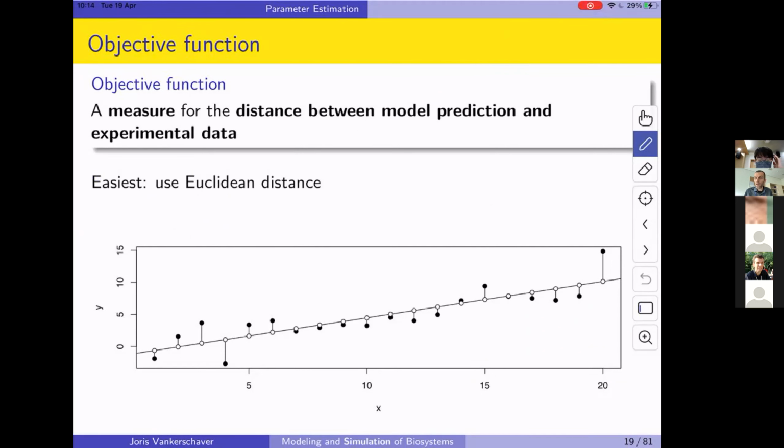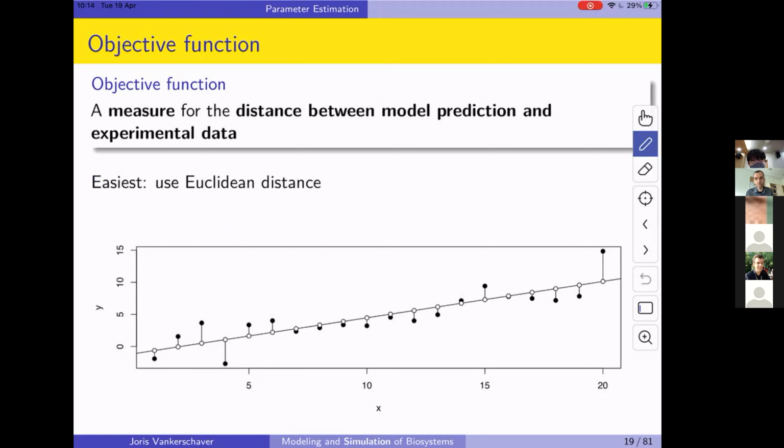So typically, you will either define this objective function yourself, or you will be given that objective function based on the class of problems that you're dealing with. And in general, this objective function can take on many forms, but it measures how well your predictions fit your experimental data.